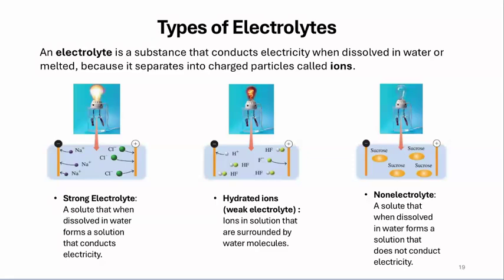The first one is going to be a strong electrolyte. A strong electrolyte is going to be described as a solute, in other words, an ionic compound that, when it is dissolved in water, forms a solution because it completely ionizes.